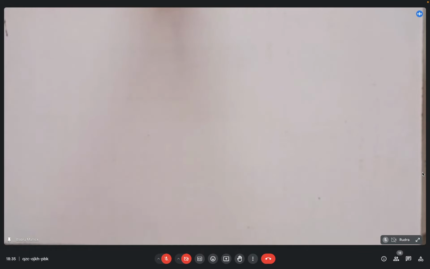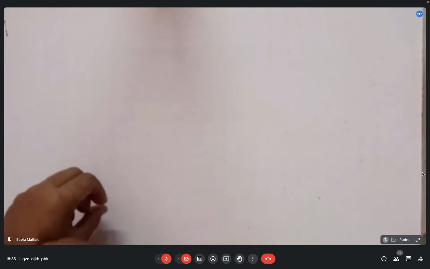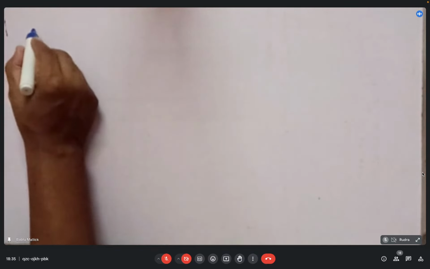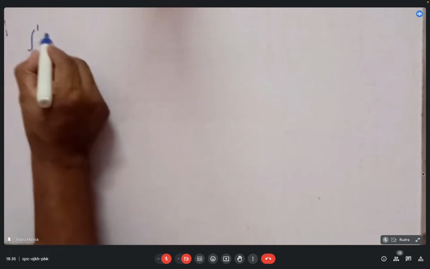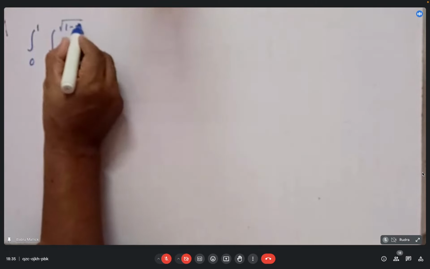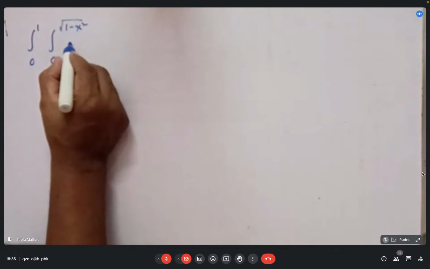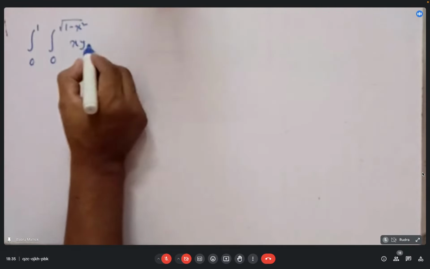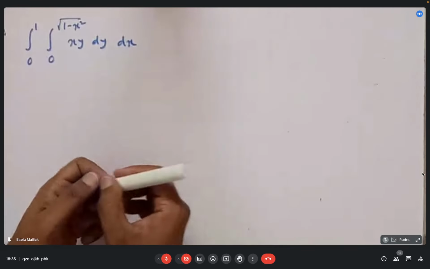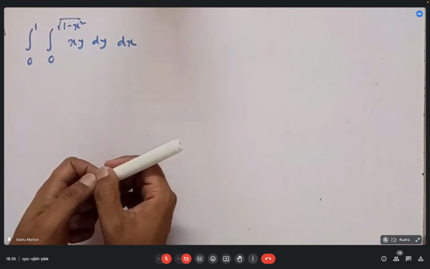Number 1: integration from 0 to 1, and 0 to root under 1 minus x square, xy dy dx. What does it mean?